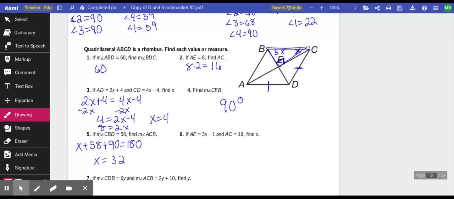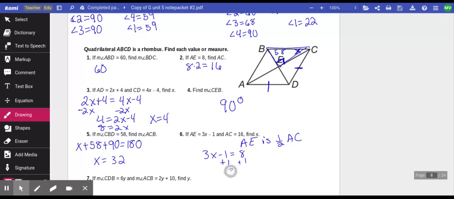For 6, AE equals 3x minus 1, and AC equals 16. Well, AE is half of AC. So 3x minus 1 equals 8, because I took half.